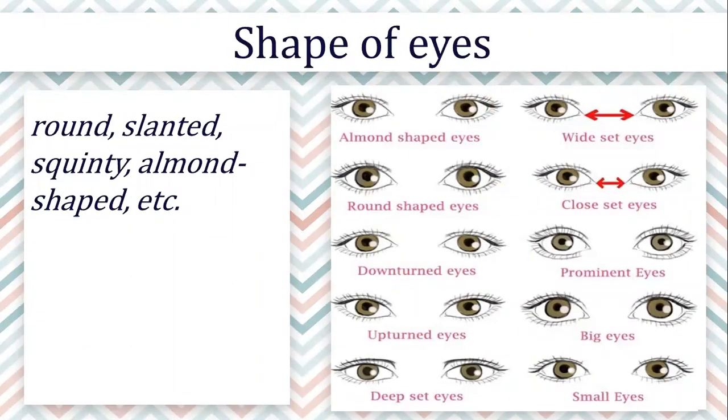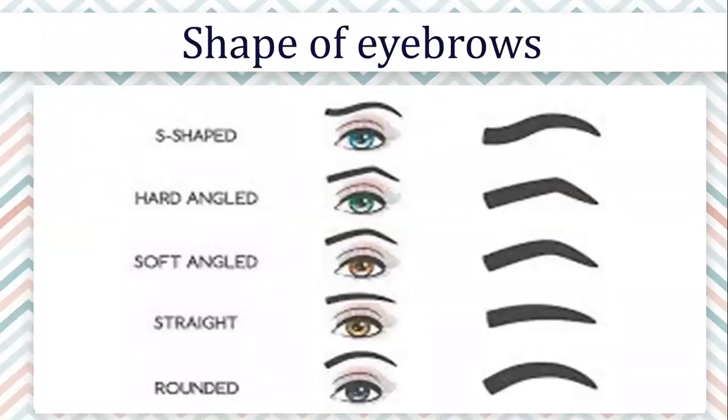Then you mention the shape of the eye. They can be almond-shaped eyes, wide-set eyes, round, or maybe close-set. They can be downturned eyes, or prominent, upturned. They can be very big or small, or deep-set eyes. The shape of the eyebrows usually defines the face of the person.